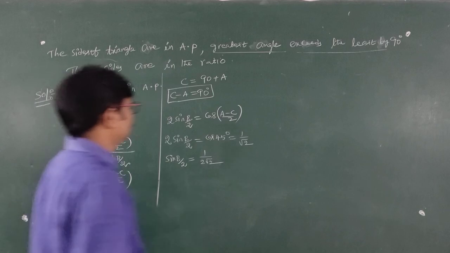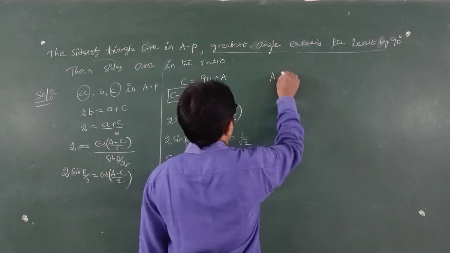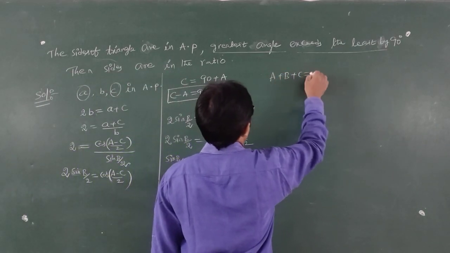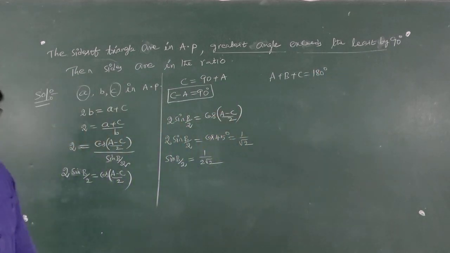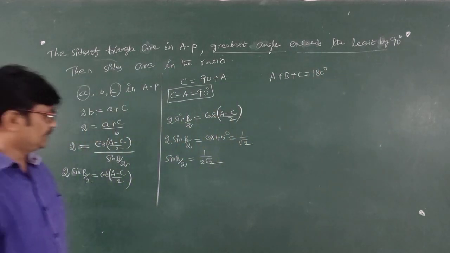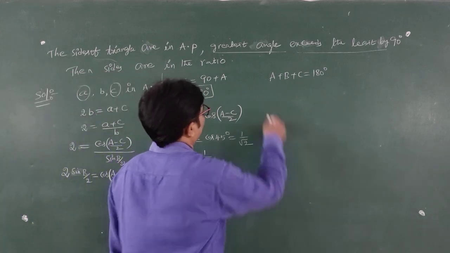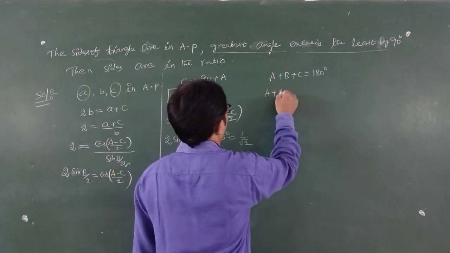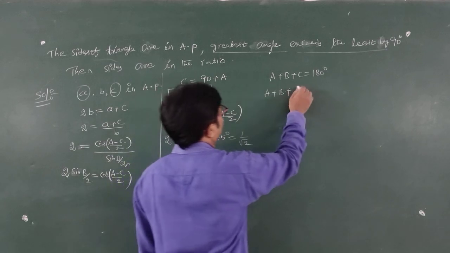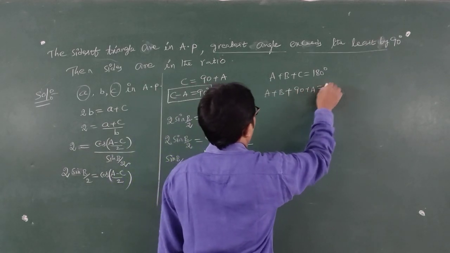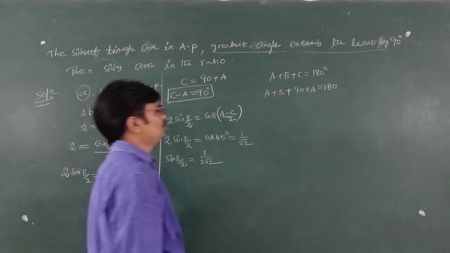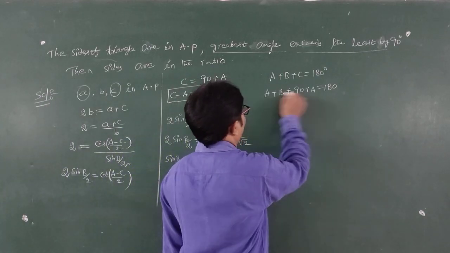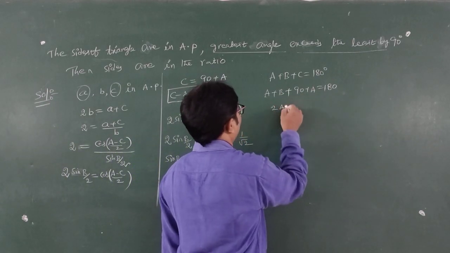My dear students, A plus B plus C is 180 degrees. But C can be written as 90 plus A, so A plus B plus 90 plus A equal to 180. So this is, students, A plus A is 2A.